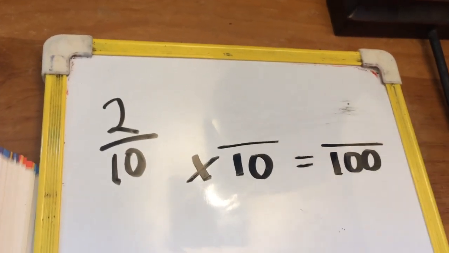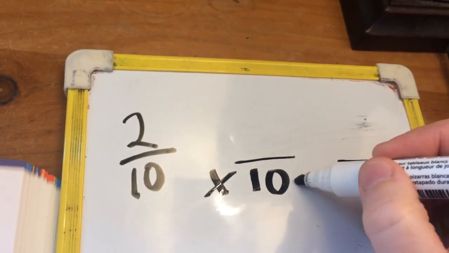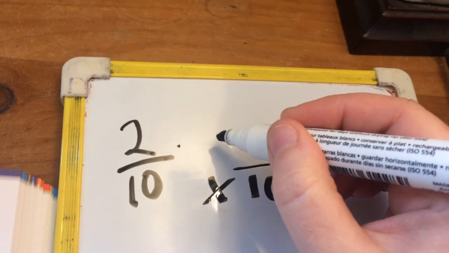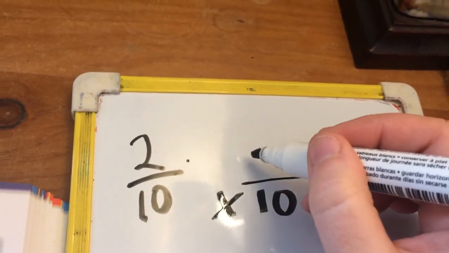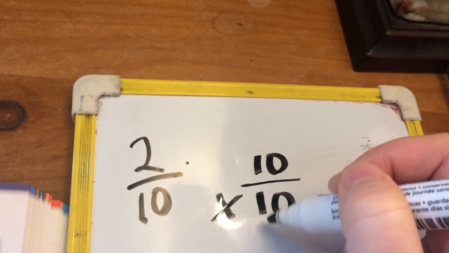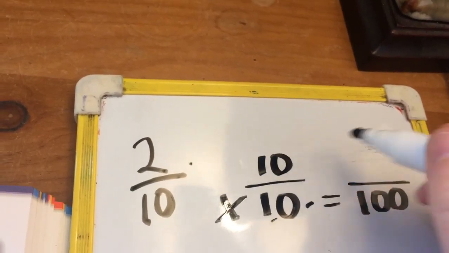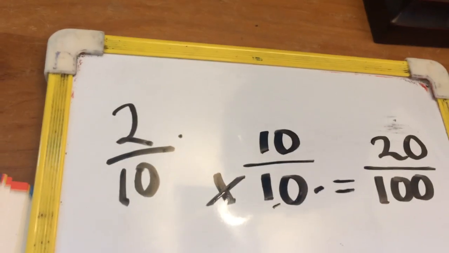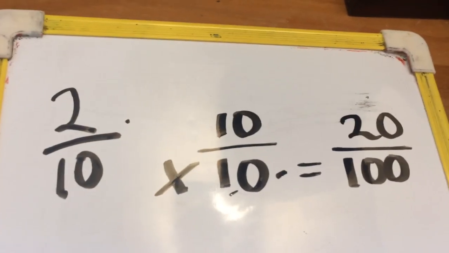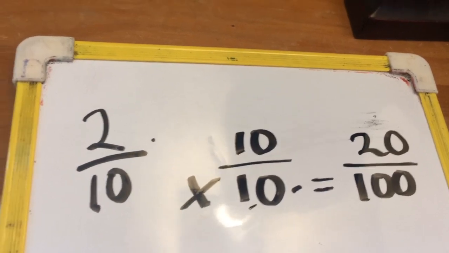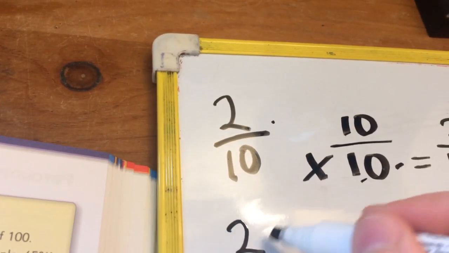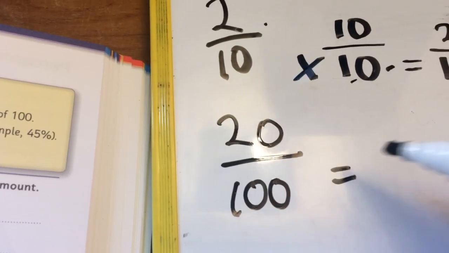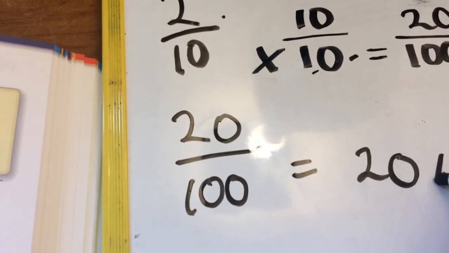If we do it to the bottom of the fraction, we must also do it to the top. So on the top, we're going to multiply 2 by 10 because that's what we multiplied the bottom by. So 2 multiplied by 10 equals 20. That is what 2 tenths is when we make it into hundredths. It's 20 hundredths. Now we can easily turn this into a percentage. So it's 20%.